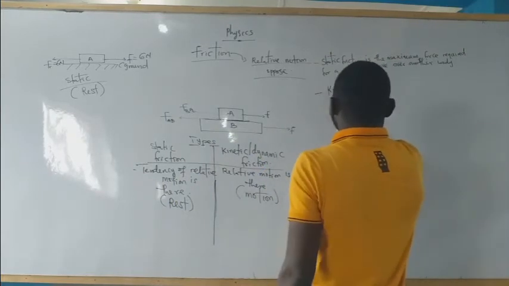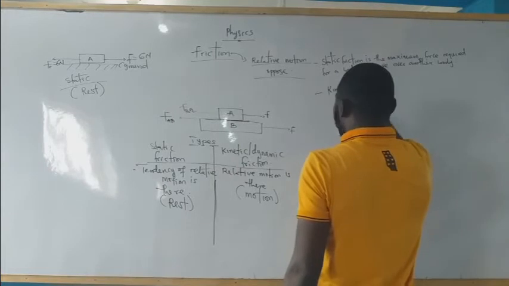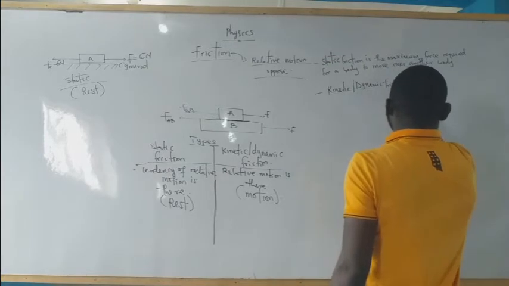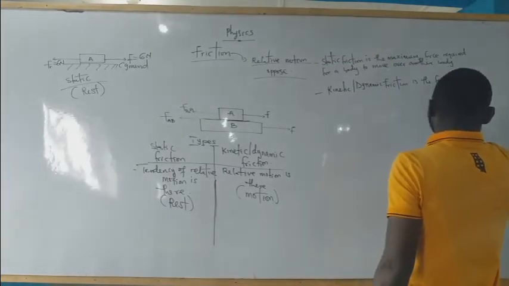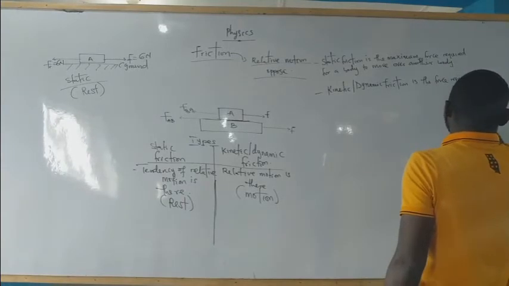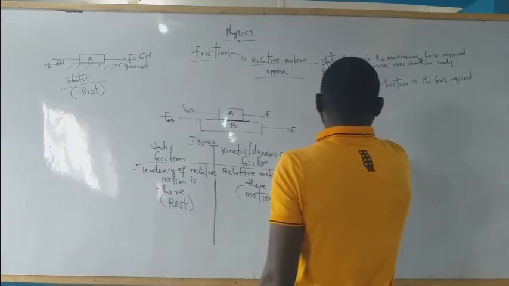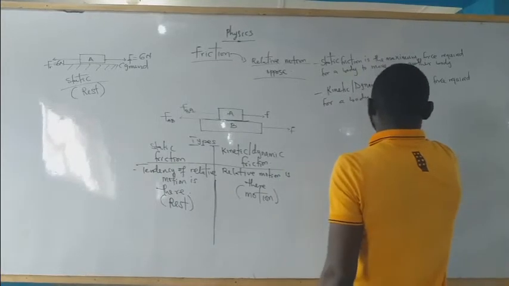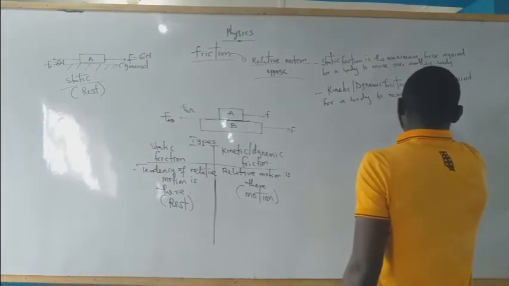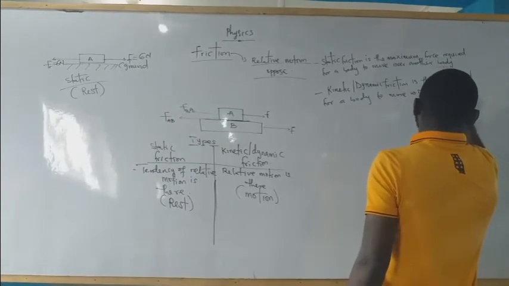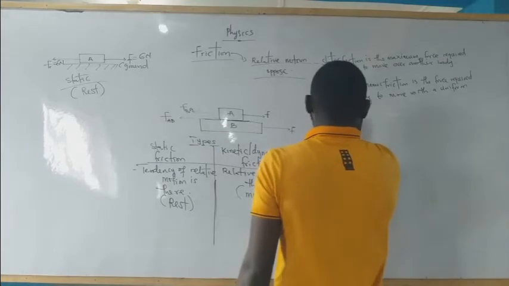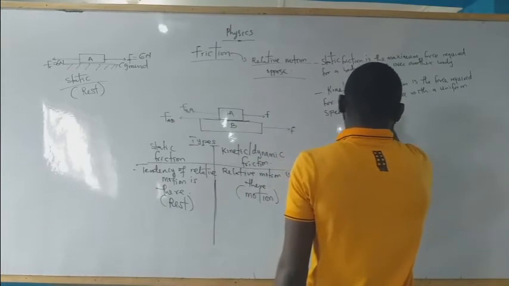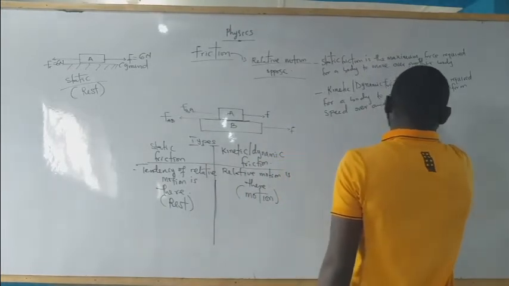While kinetic or dynamic friction is the force required for a body to move with a uniform speed over another body.